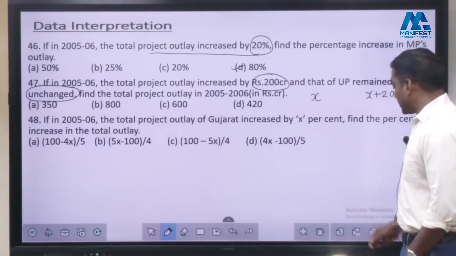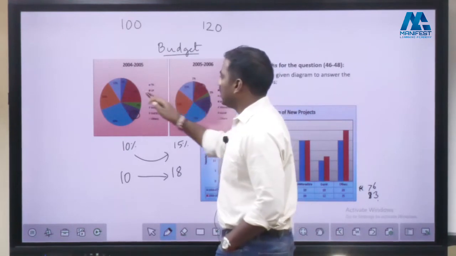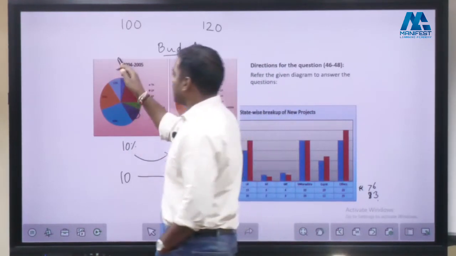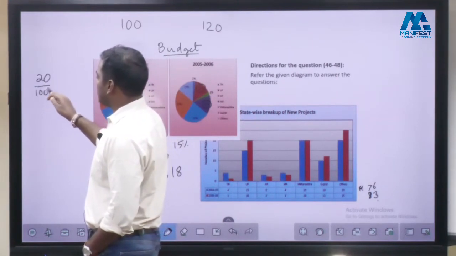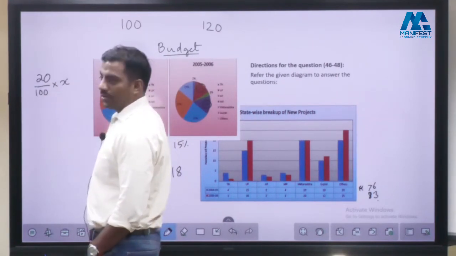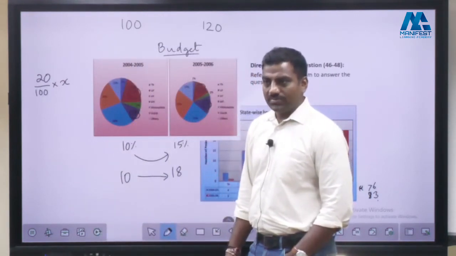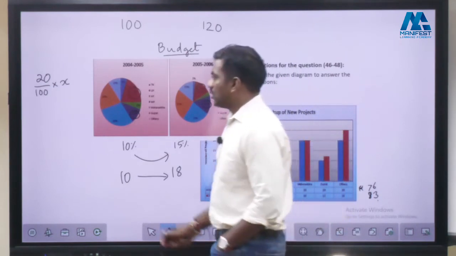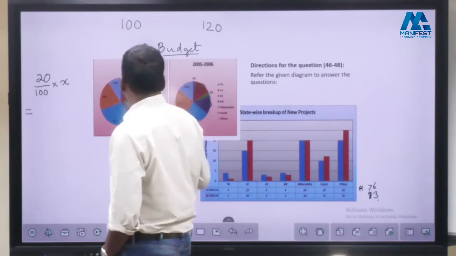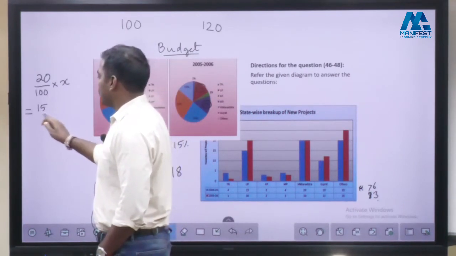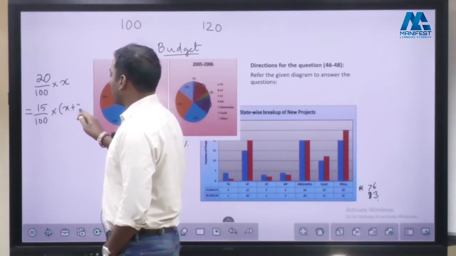Then the total project outlay. UP is remaining same. So UP is second. So 20% of X, that is first outlay, kept unchanged in the second year when the UP's share was 15% and the total outlay increased by 200 crores.